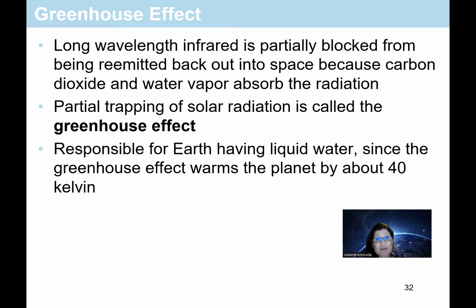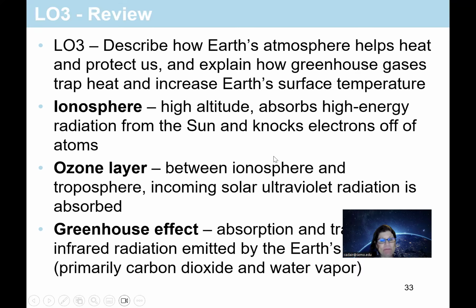It is responsible for Earth having liquid water, because if we didn't have the greenhouse effect, we would be about 40 degrees cooler. So 40 Celsius cooler, which I think from 70 degrees is like 20 something, right? So we would be frozen if we didn't have the greenhouse effect. So the greenhouse effect is not inherently bad.